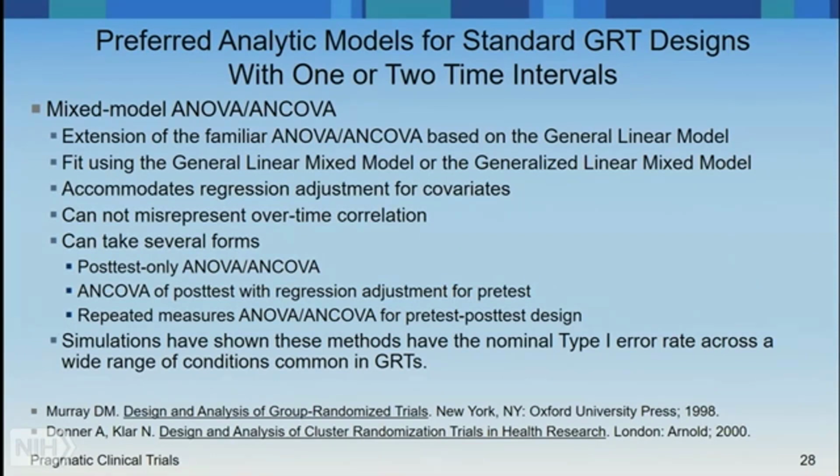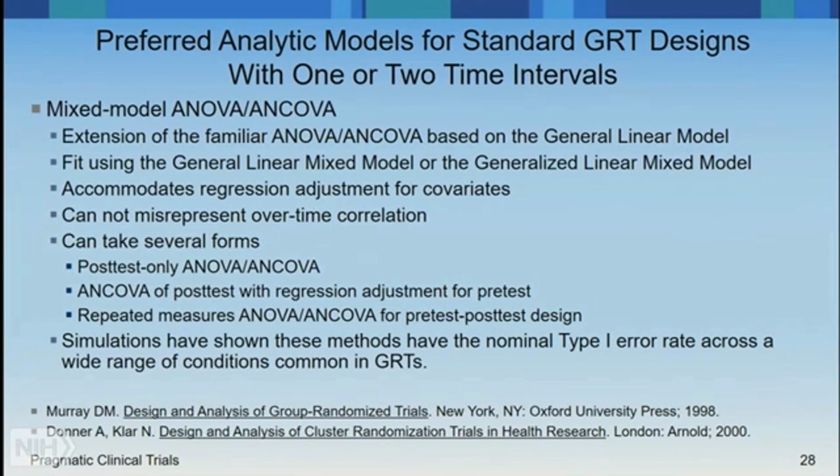For the standard parallel group randomized design, if I have a pre-test, post-test design or a post-test only design, I can use a mixed model ANOVA or ANCOVA. I can look at the post-test adjusting for baseline or the post-test alone, or I can do a net change or repeated measures ANOVA, ANCOVA, looking at pre versus post change.